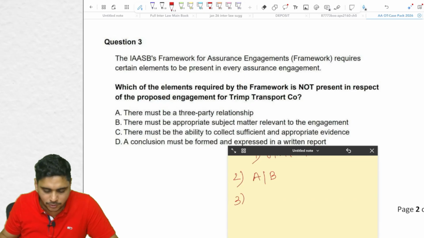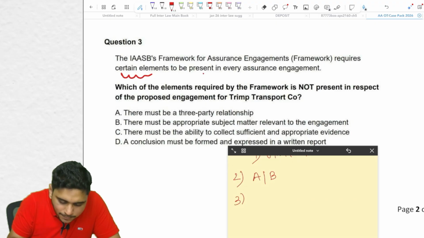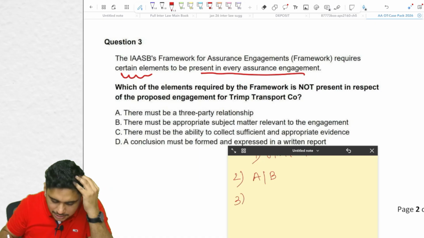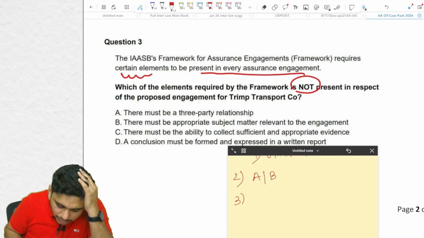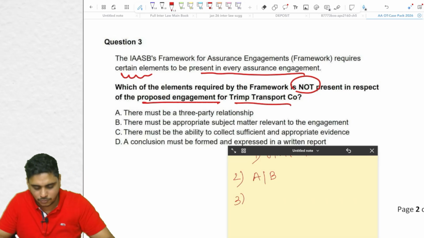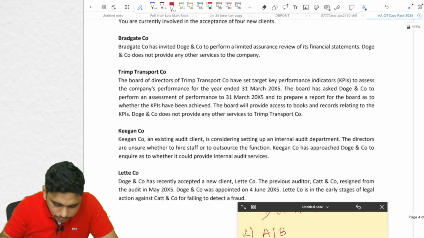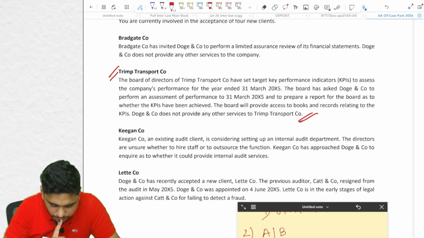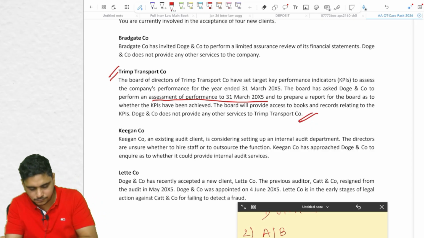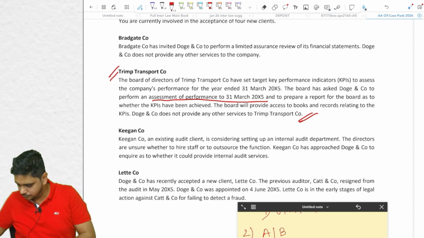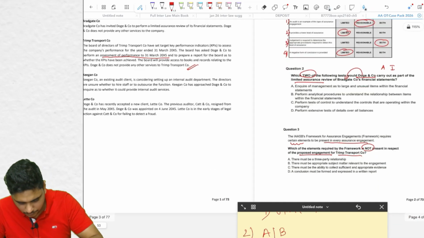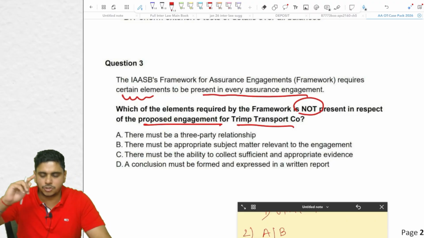Third, the IAASB framework for assurance engagements requires certain elements to be present in every assurance engagement. Which of the elements required by the framework is not present in respect of the proposed engagement for Trim Transport Co? Hold on. Read this paragraph again. Which is not present?